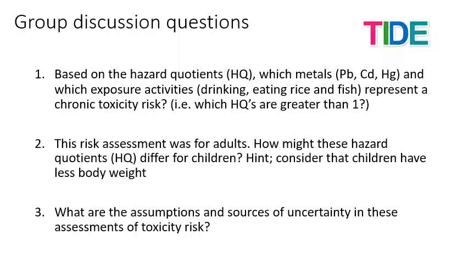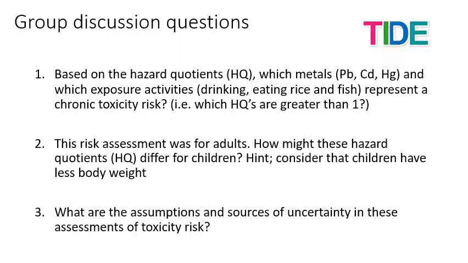And so just to note that hazard quotients can be used as a useful tool for ranking the relative risks of different metals and different exposure routes within a population. And this can in turn be useful for prioritizing which of these issues to tackle when given a limited number of resources.